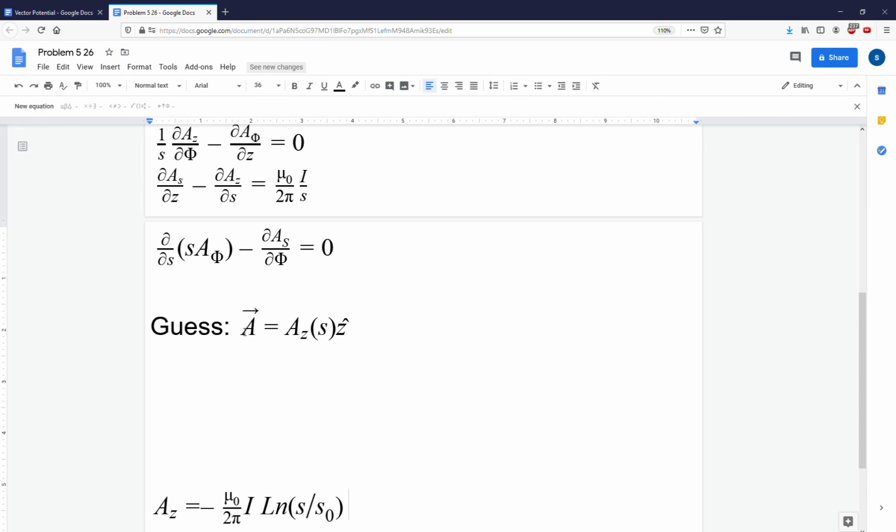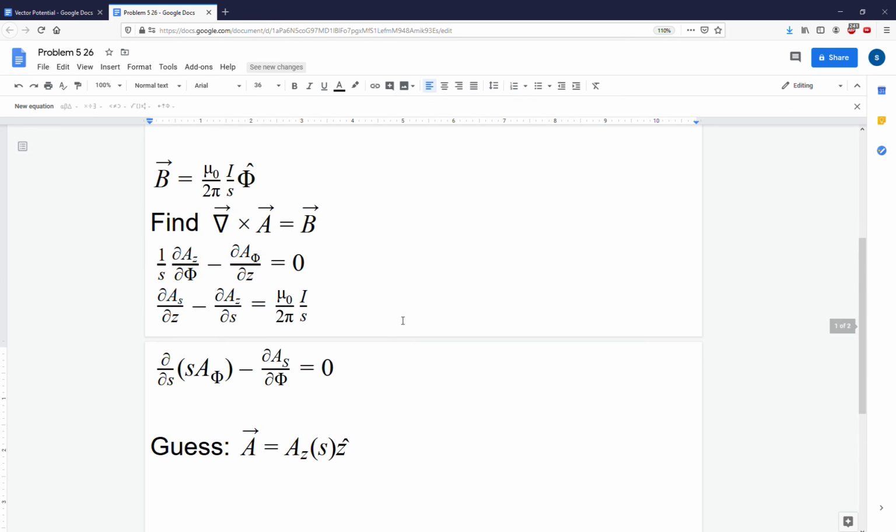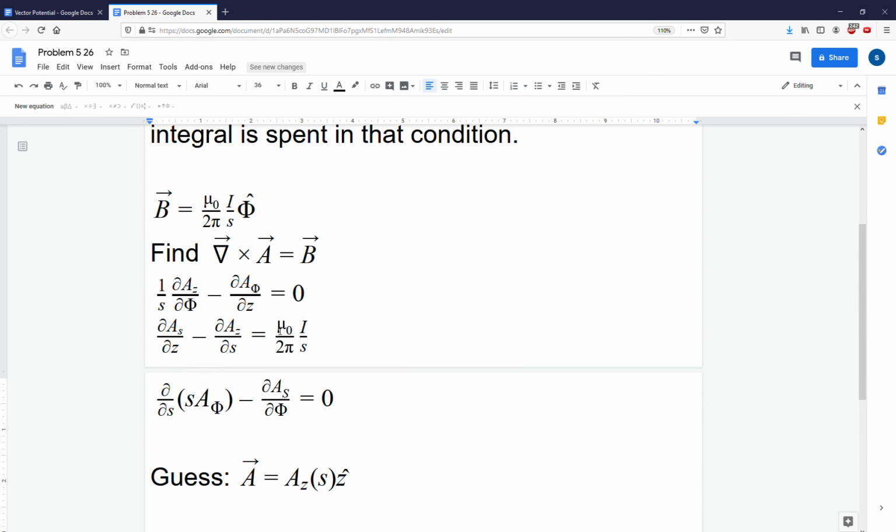Now, this guess, it turns out, was not the only guess I could have done. I could have guessed, well, what if this comes from this term right here? For this, I would need an A S component that depends on z. Now, an A S component that depends on z still doesn't cause any problems for here, because if it does not depend on phi, that stays 0. It's not an A phi term, so we don't have to worry about that.